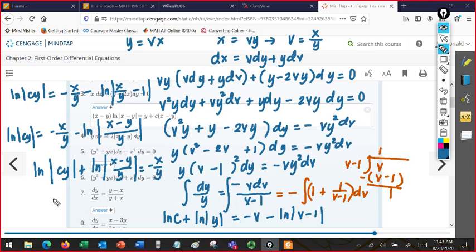Di ba sum of logarithms magiging product? So, dapat ganito siya.